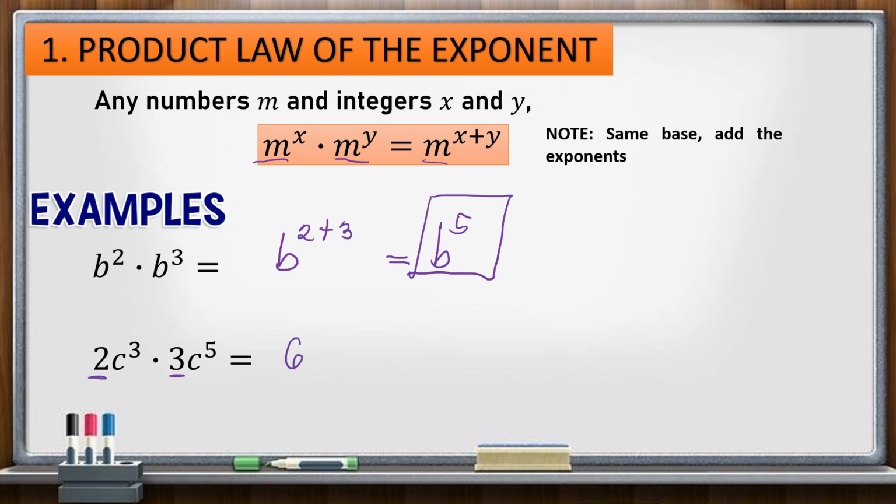Then copy your base, which is c, then add the exponents, 3 plus 5. Therefore, that is equal to 6c raised to 8. So that will be our final answer. So madali lang po kapag product law of exponents. Kapag pareho ang base, kopyahin ang base at i-add po yung exponents.